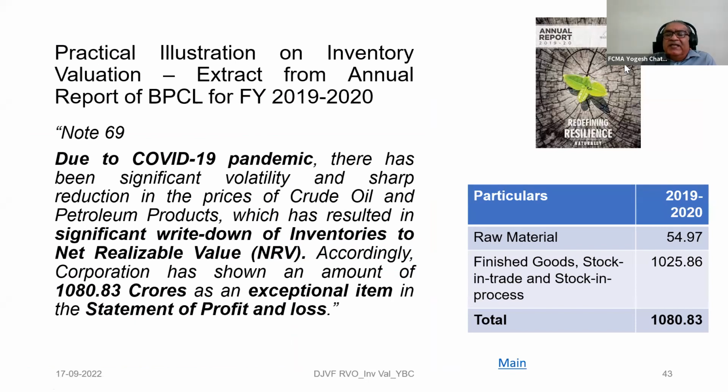That year we cannot forget in our lifetime, because in March 2020, a nationwide lockdown was imposed, not only in India but across the globe. The entire country came to a standstill. So Bharat Petroleum Corporation Limited was compelled to revalue its inventory at net realizable value.